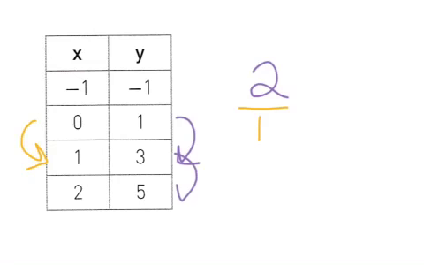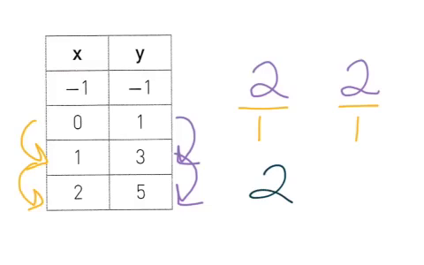From here to here, we have a change of 2 over a change of 1. So the rate of change for this entire chart is 2. From this point on, every time we see an XY table, the assumption is that it is a linear graph, and so the rate of change is constant, so you'll only need to check one part of the table.